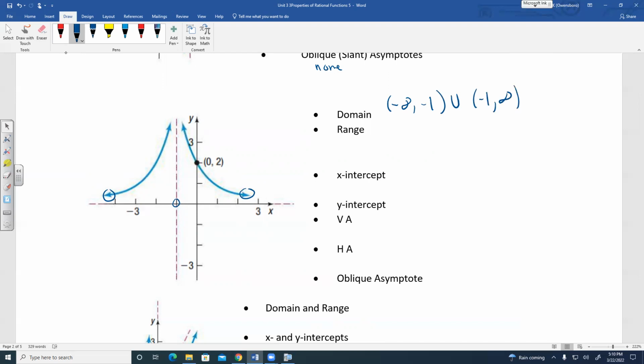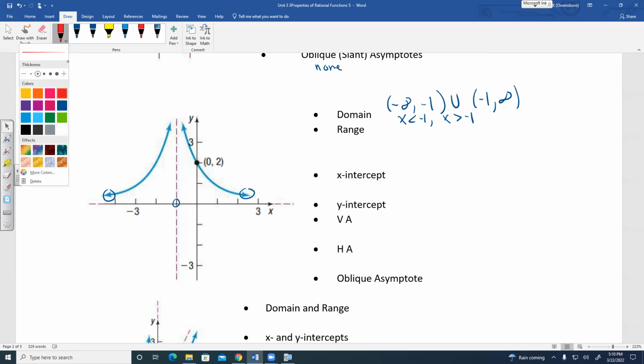If you're using inequalities, you could say I have to be left of -1, so X is less than -1, and you have to be right of -1, so X is greater than -1.